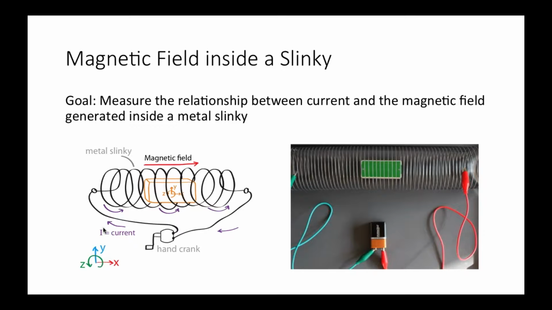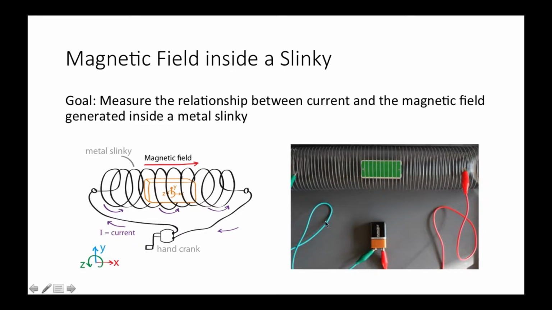And this is a really cool lab because for students to understand how electricity and magnetism are related, that can be a really hard concept for students to get, that those are actually the same thing. And it's really hard for students to visualize what exactly is happening.